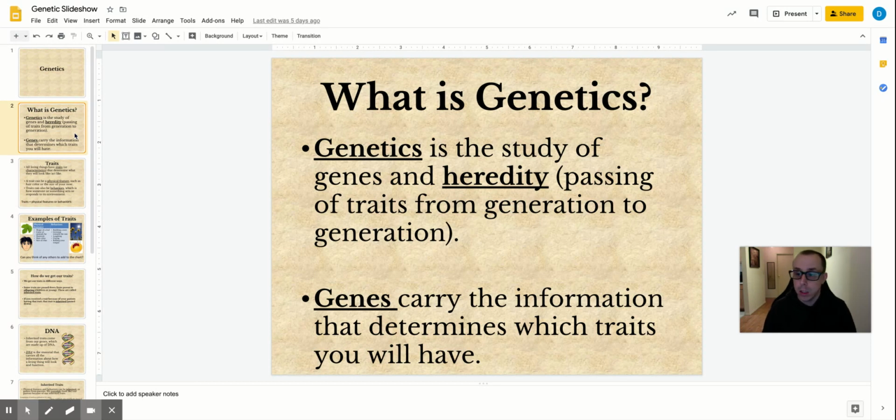Remember, inside your genes is what's called DNA. And DNA contains the code, sort of like the instructions for the development of your body parts, your hair, eyes, nose, mouth, ears, everything.